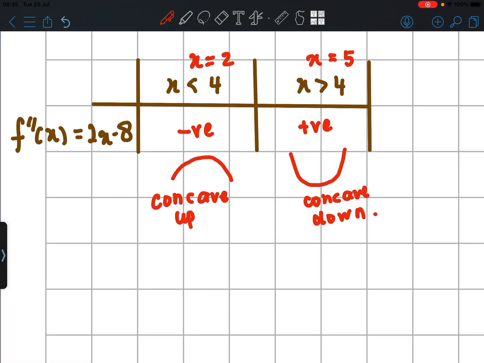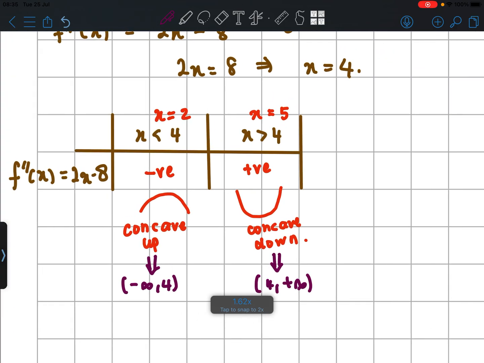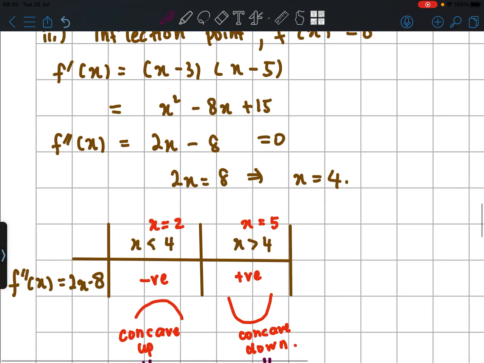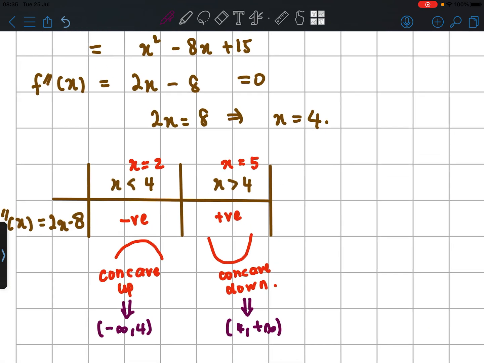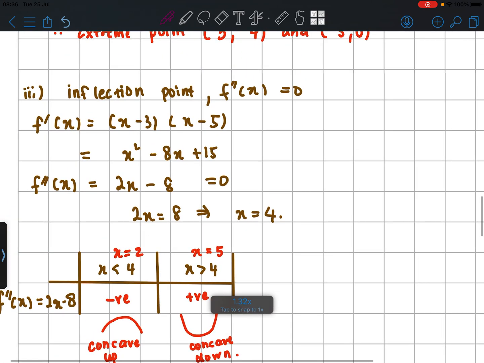Concave down occurs when x is, in interval form, from minus infinity to 4, and concave up is from 4 until positive infinity. Okay, so this is our conclusion, and we need to find the inflection point.